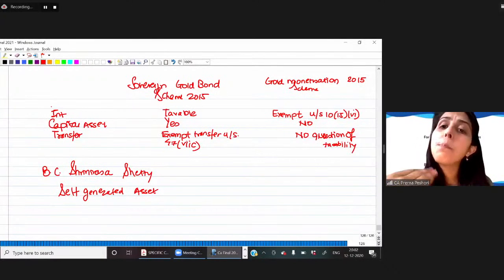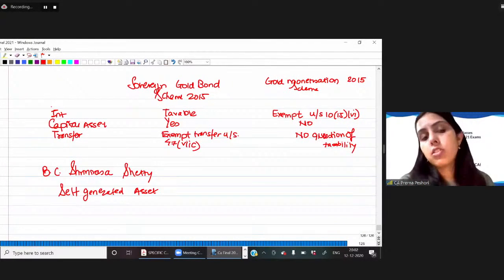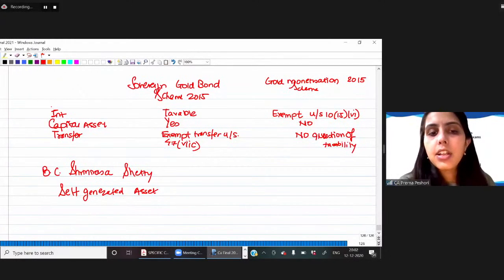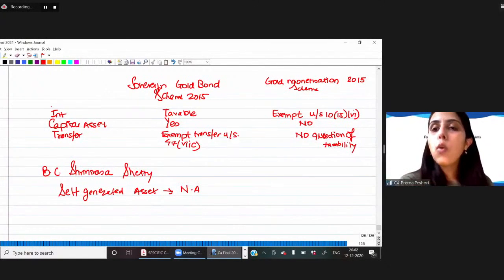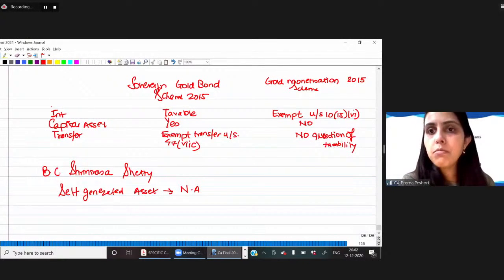There is no cost paid unless the cost is paid for acquiring the goodwill. Now, when these are self-generated assets, the cost is not applicable because I have not incurred any cost. It's a goodwill which has been created over time. Goodwill is something which is perceived as a market value of that particular company.